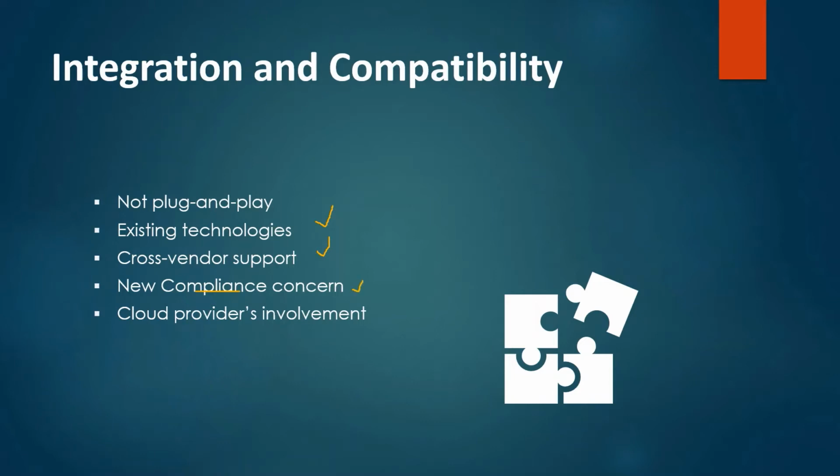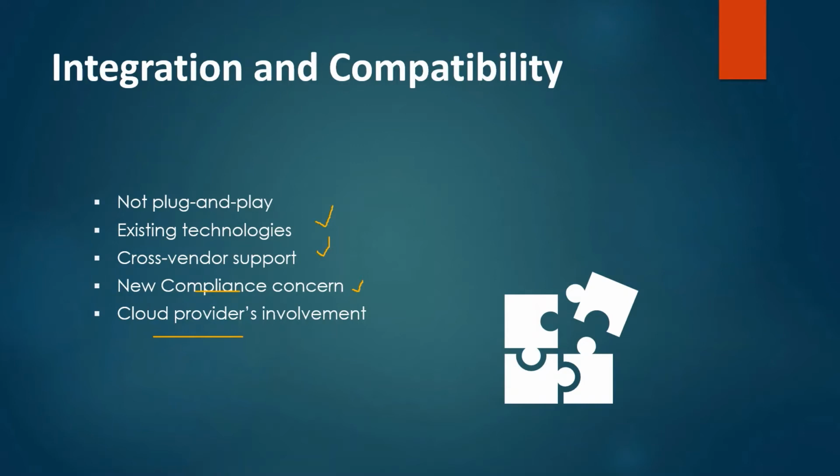Most CASB solutions offer support for mainstream cloud services like Microsoft Office 365. But if you happen to use a less popular cloud service, maybe that cloud provider, when developing the service, did not have enough API repository available for you.